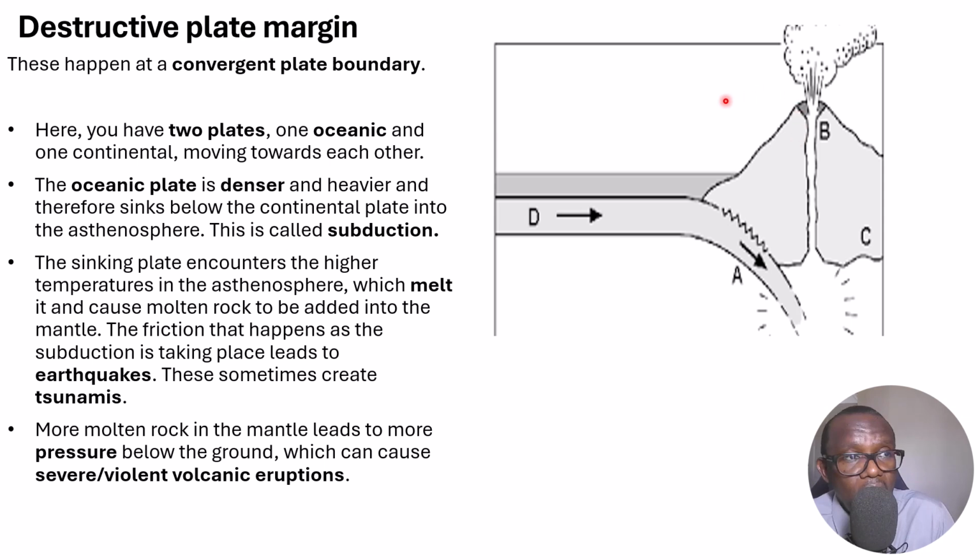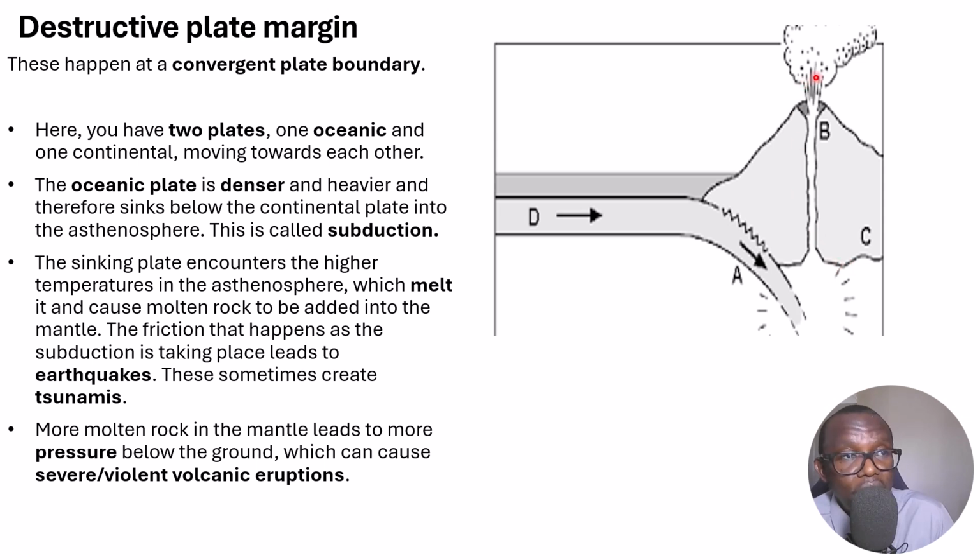The type of eruption that is likely to take place here is one that is very, very explosive, because the magma that we get in these types of plate boundary is normally very high in silica content, and therefore is very thick and viscous.